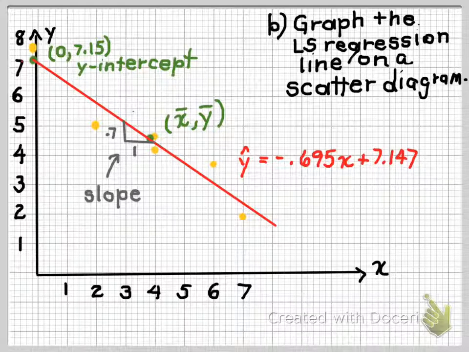So if there's a cause and effect relationship, if the explanatory variable, we can determine how strong this cause and effect relationship would be.